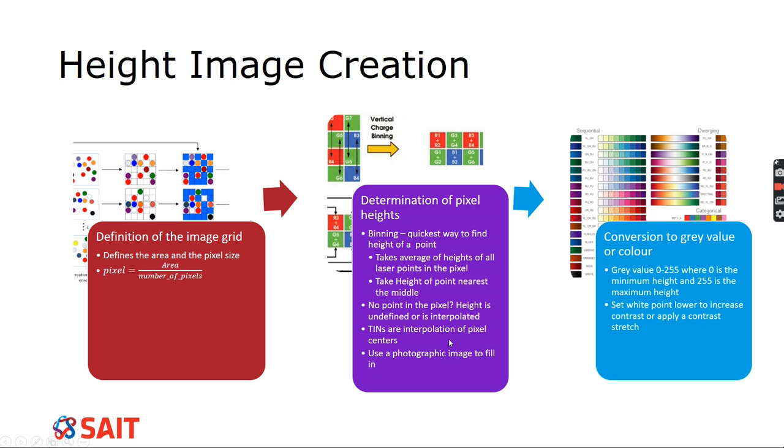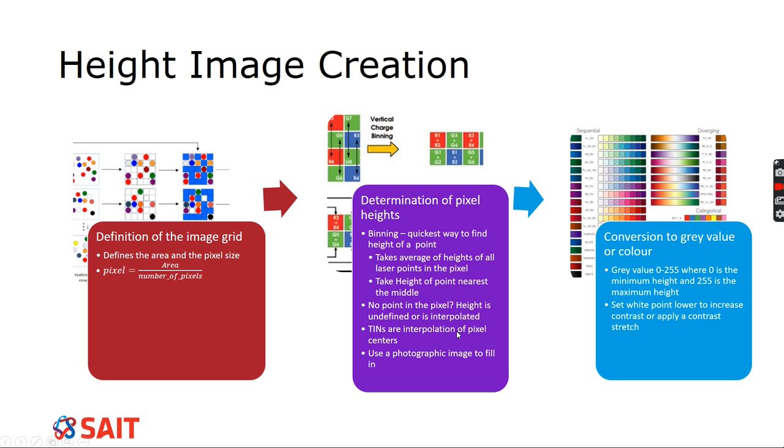TINs are basically an interpolation of pixel centers. So if you create a TIN from a raster, you are looking at the center of the pixel, and then you create four triangles around it. If you do create a TIN from a raster, that will help clean up these unidentified locations. But again, it's creating that model.